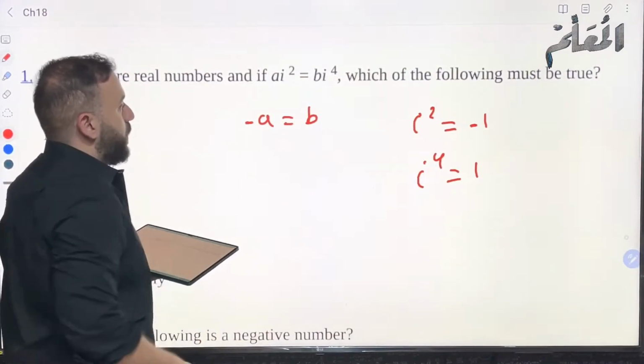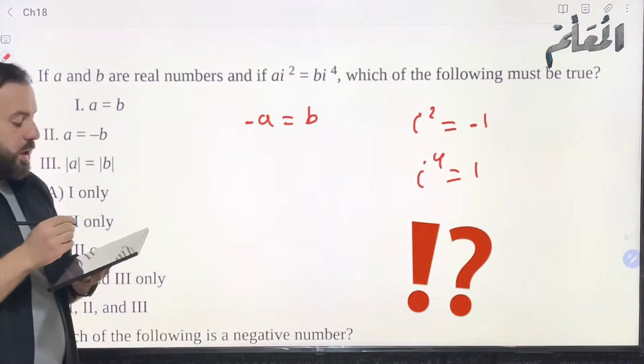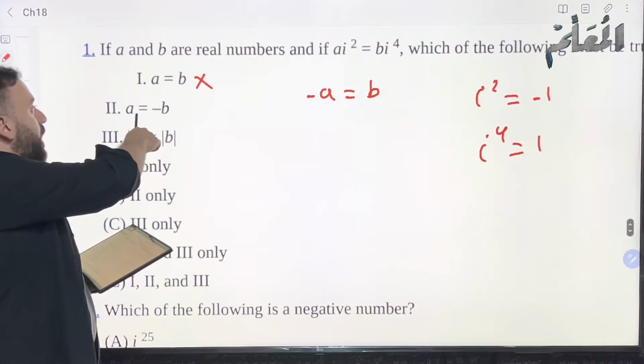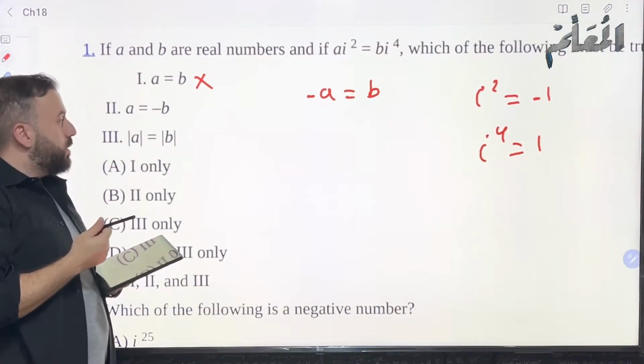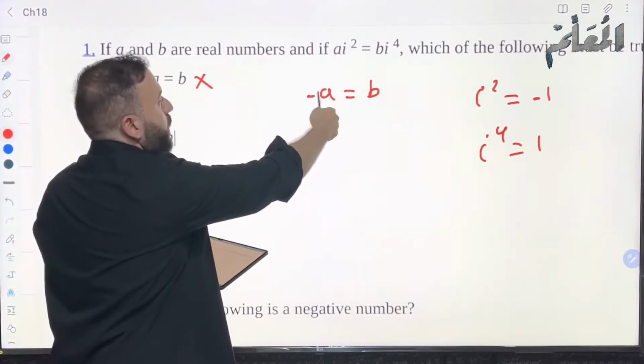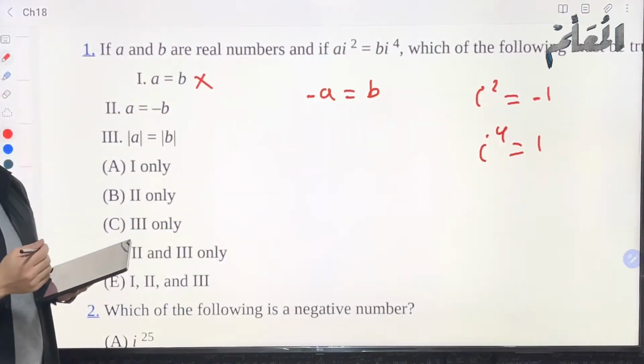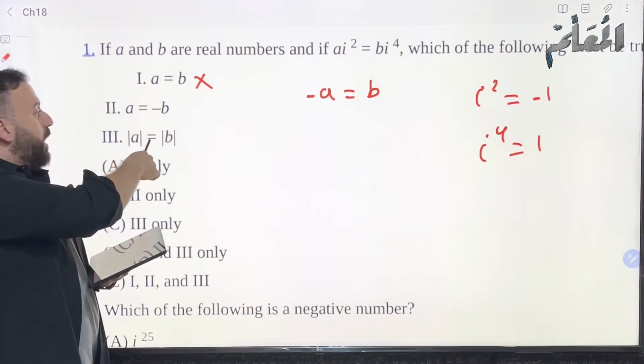This is what I get from the equation: negative a equals b. So is a equal b? Of course not, this cannot be. And is a equal negative b? Yes, since negative a equals b, multiplying by negative, a equals negative b. And is absolute a equal to absolute b?